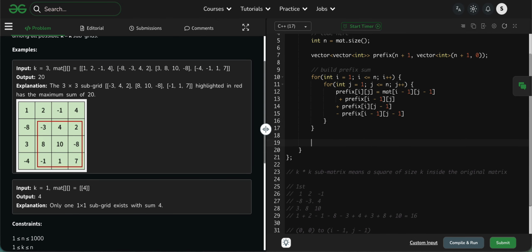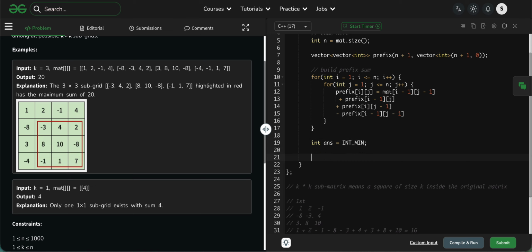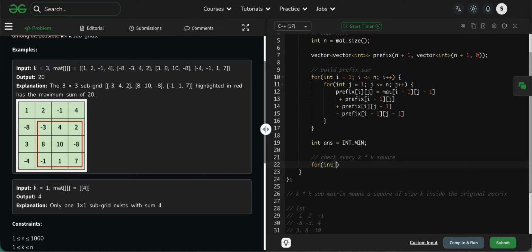Now from here, int answer is equal to int min, and then check every k into k square, got it? For int i is equal to 0, i less than or equal to n minus k, i plus plus, got it?